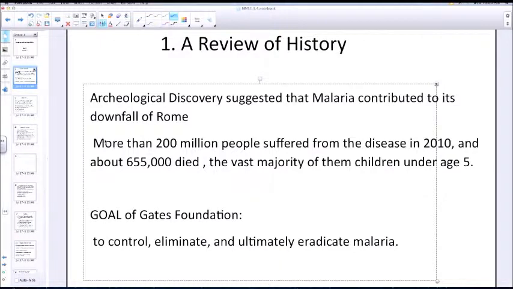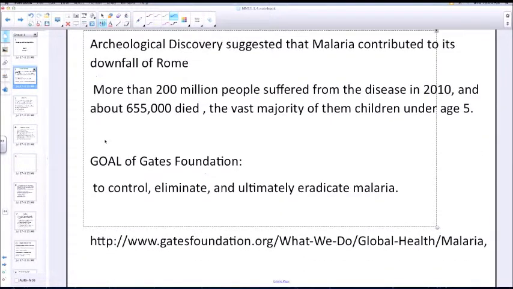That may explain why the Bill Gates Foundation contributes so much money and made an ambitious goal, which is to control, eliminate, and ultimately eradicate malaria. You can find this from the website attached here.